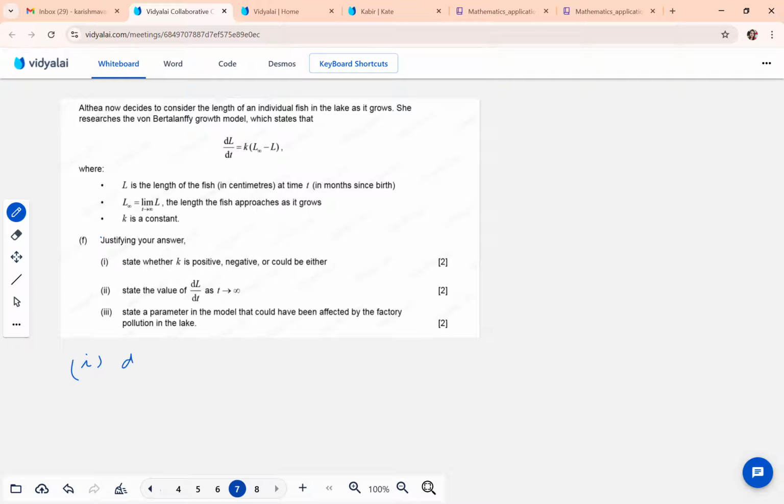So as they have given us, dL/dt is equal to k times (L infinity minus L). So the sign for k will depend upon dL/dt and L infinity minus L. Now if you see here, dL/dt is the change of length with respect to time. So as it's a length, it will be positive, right? It can't be negative.